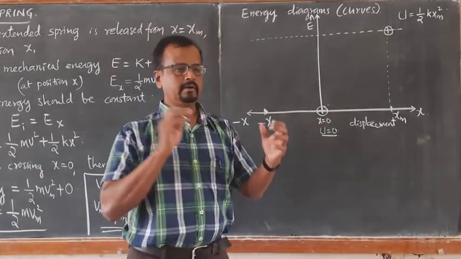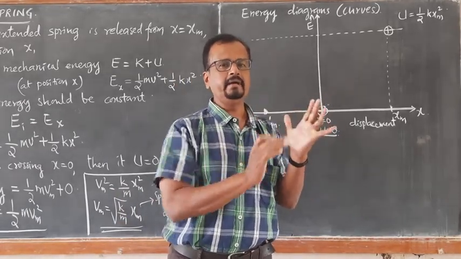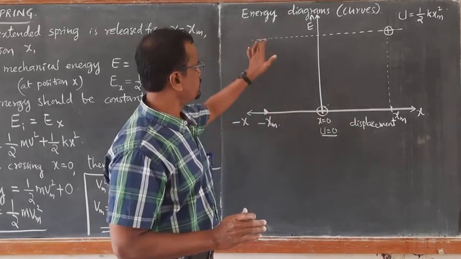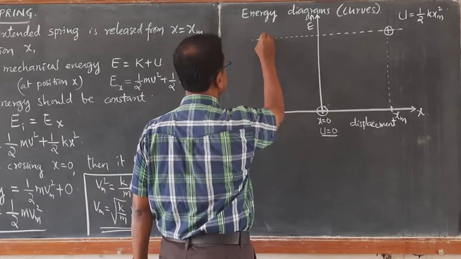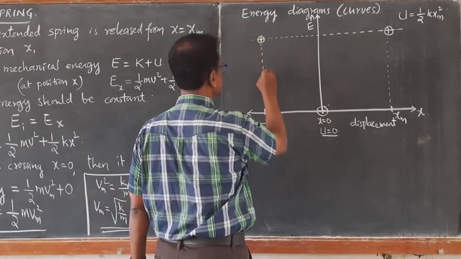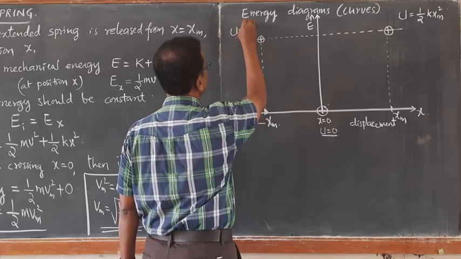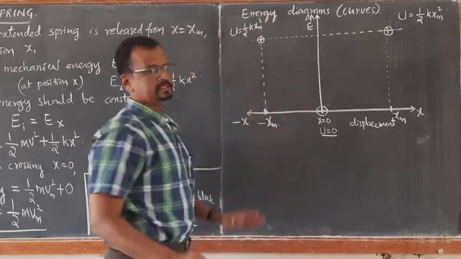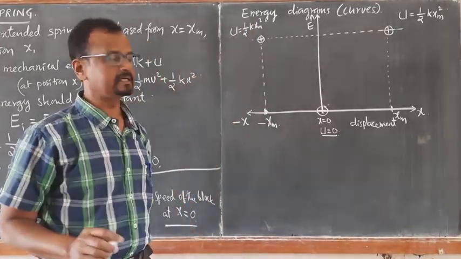Again, when the block goes on compressing the spring, at maximum compression, potential energy again becomes maximum. So this is how we can represent it. U is equal to half k xm square, and potential energy is always positive. There is no question of it becoming negative.